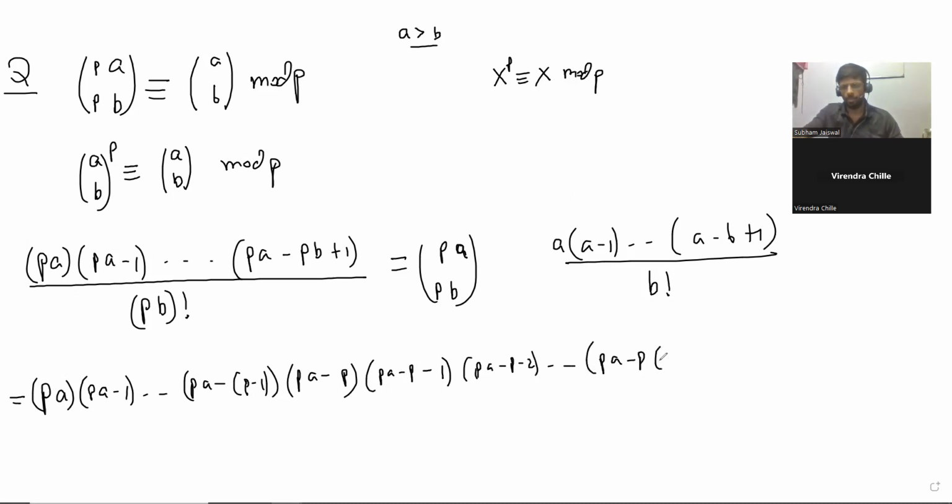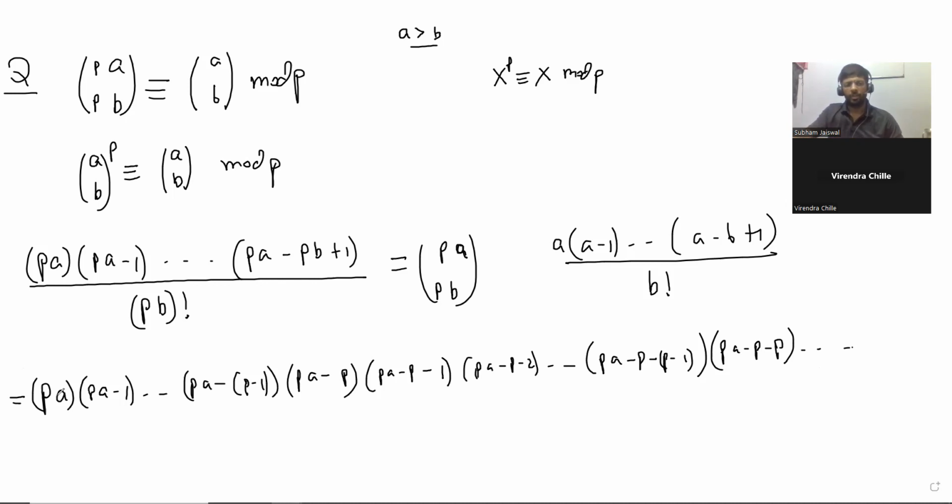PA minus P, I go P minus 1 steps back, and then again P steps, and I continue like this. Now you see, you can simplify the numerator a lot.